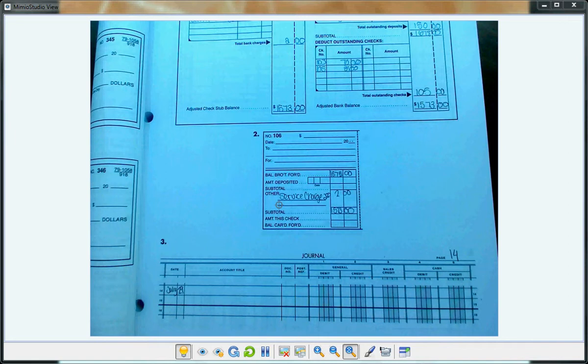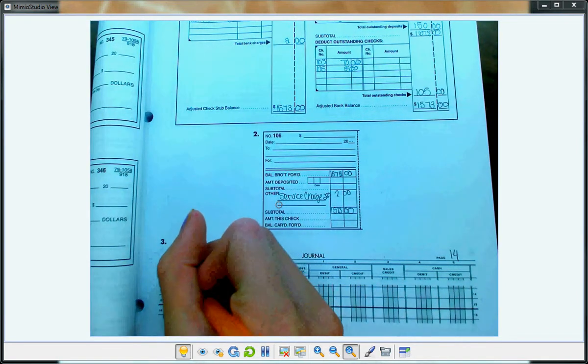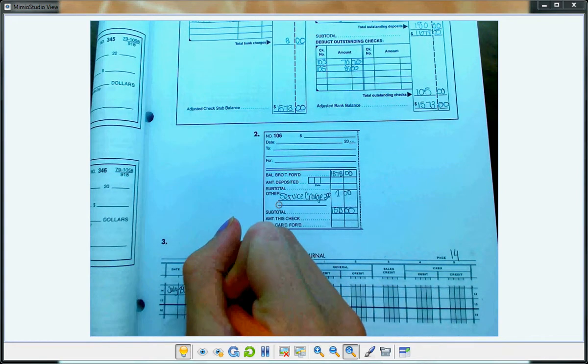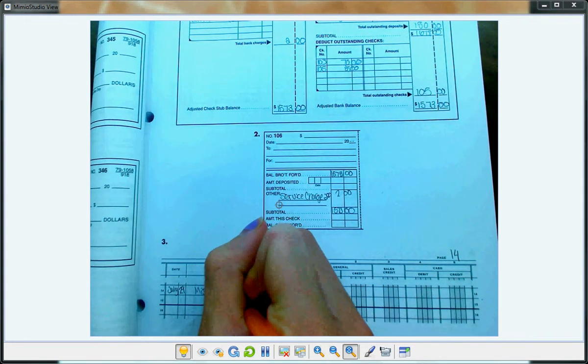And then our account title. Any guesses as to what it might be? We're recording our service charge. No, but thank you for guessing. I don't have any. Miscellaneous expense. Okay, or you could abbreviate it MISC. Expense.